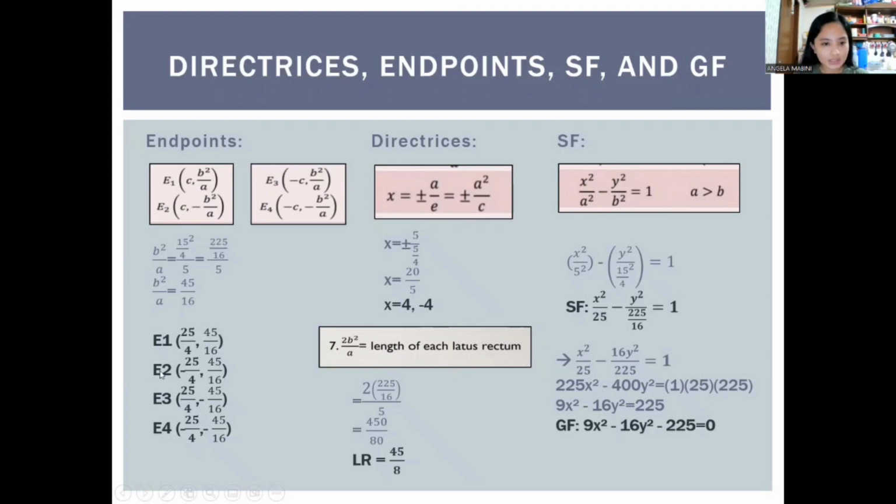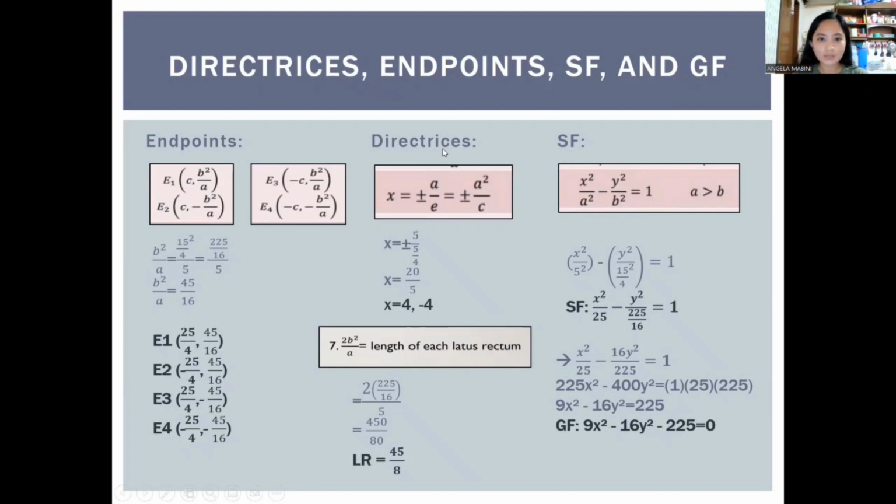Second endpoint na negative 25 over 4, 45 over 16. The third endpoint, which is 25 over 4, negative 45 over 16. And then the last endpoint, which is negative 25 over 4, negative 45 over 16.